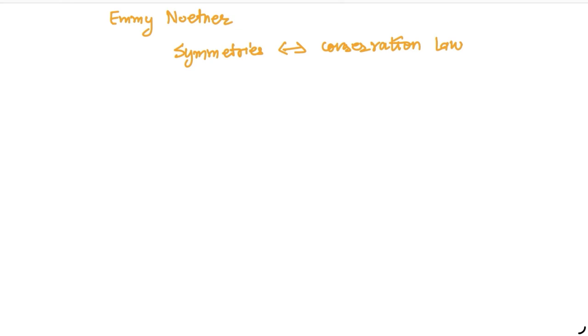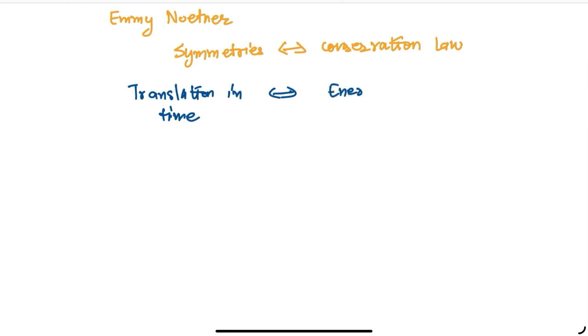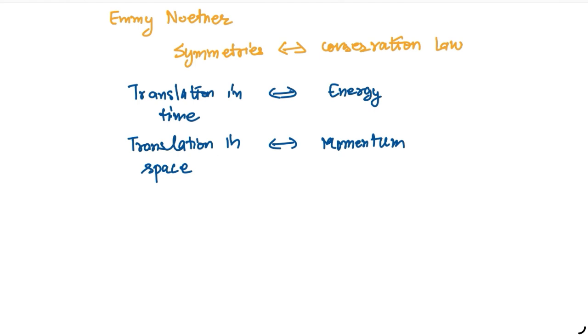What that means is, if you have a translation in time, the energy is conserved. Translation in space means momentum is conserved. Or vice versa, if momentum is conserved, then you have a symmetry under translation in space.